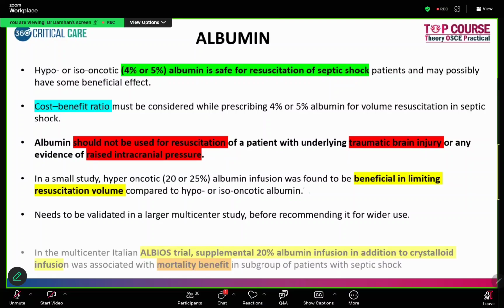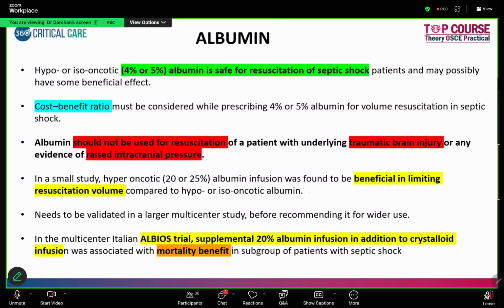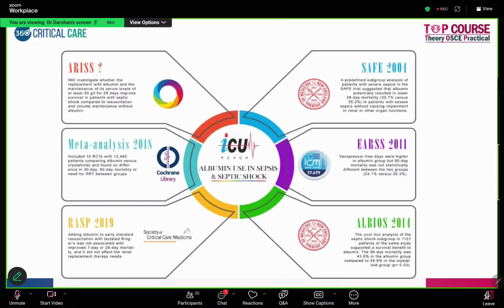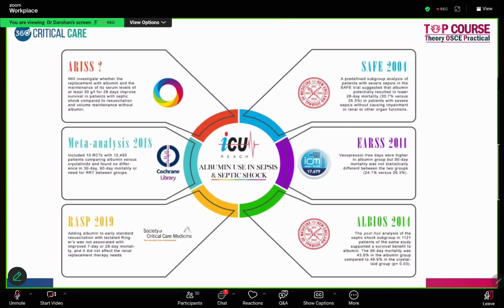So this is about albumin. If at all a question is asked about mortality benefit, again we do not see anything as of now. Having said that, there are a lot of trials which have been done. There is a recent trial called the ARISS trial, which is still awaited.